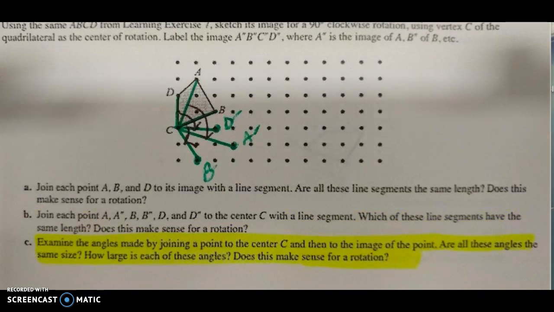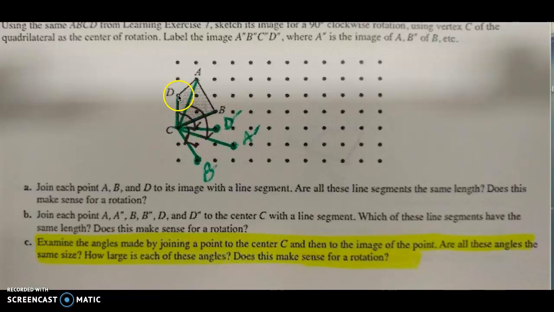The last question, C, has me examining the angles by joining the point to the center and then to the image of the point. Are all these angles the same size? Yes, they are. If you look at the angle made from the triangle A, C, A prime, that is a 90 degree angle because I've rotated that shape 90 degrees.